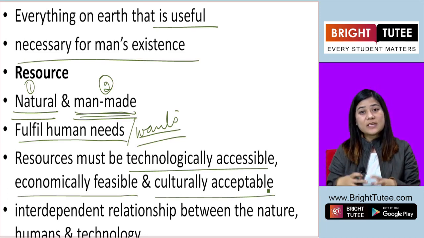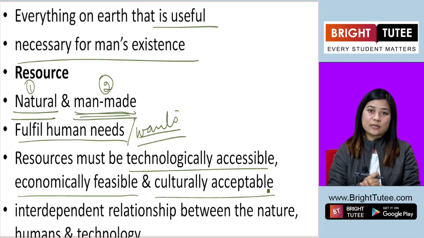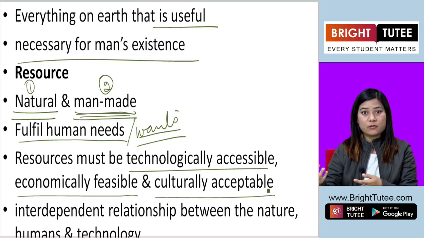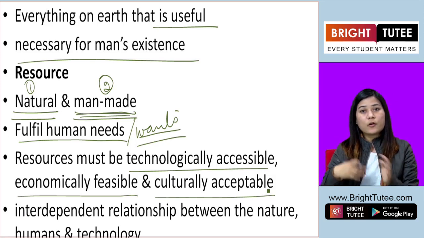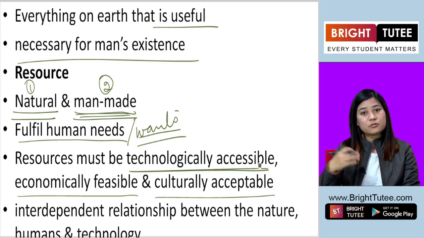They have to be accessible, so that they can be used by people in the ways they can use. And in order to do that, technologies should be there. For digging, for converting, for processing, all that needs technological assistance. So the resources should be technologically accessible.